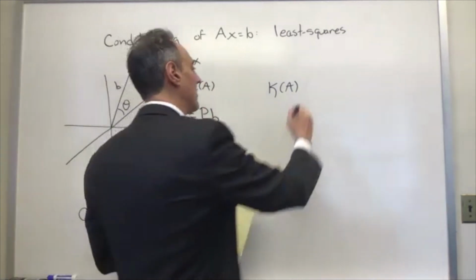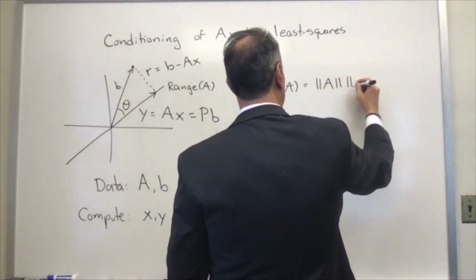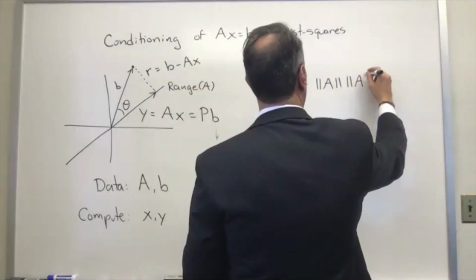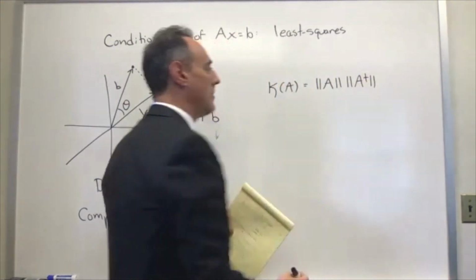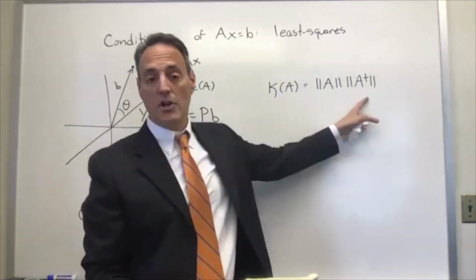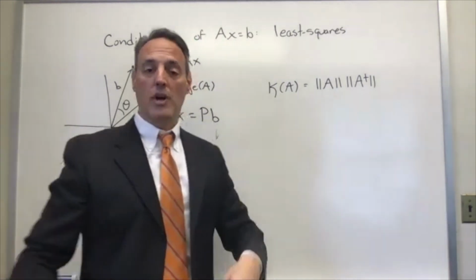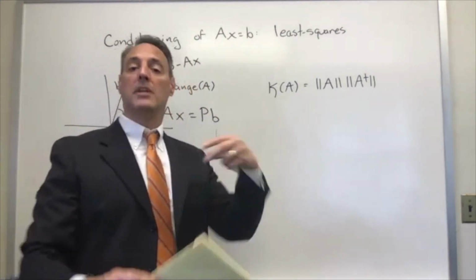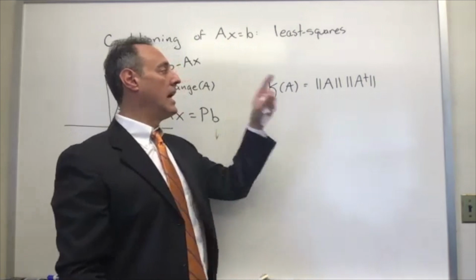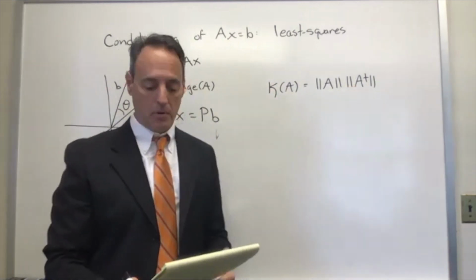But the condition number of a matrix is the norm of the matrix for an overdetermined system times the pseudo inverse of the matrix. And the pseudo inverse is gotten by least square fitting. Okay, so you try to solve the inverse problem, and you do it through least square fitting. And that's what this object is. It's called a Moore-Penrose pseudo inverse.